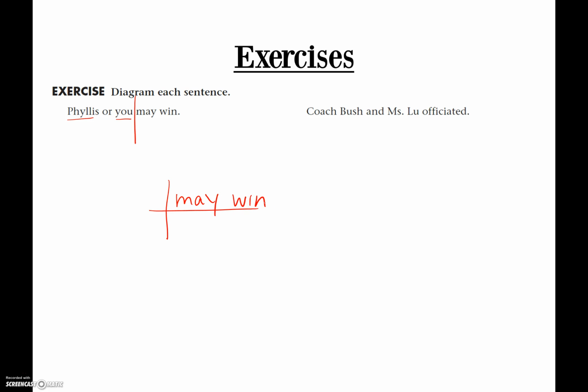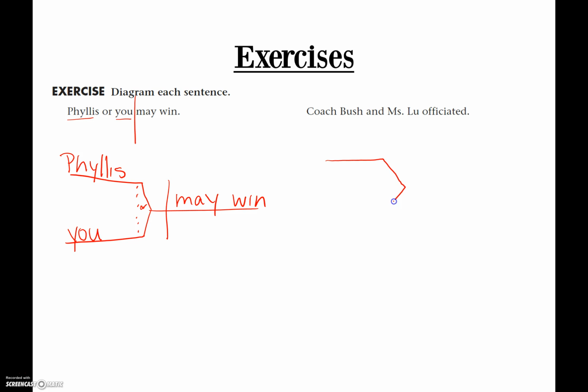And then for Phyllis or you, that's a compound noun. So we're going to draw a prong that says Phyllis on the top, since that's the first one, and you on the bottom. We have a dotted line and we have the word or to indicate that that's a conjunction. The second one, Coach Bush and Miss Lou officiated, has a similar sort of format.